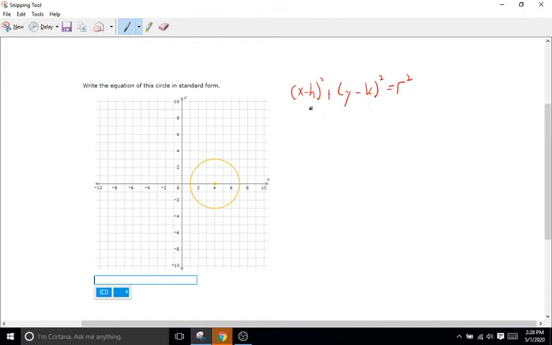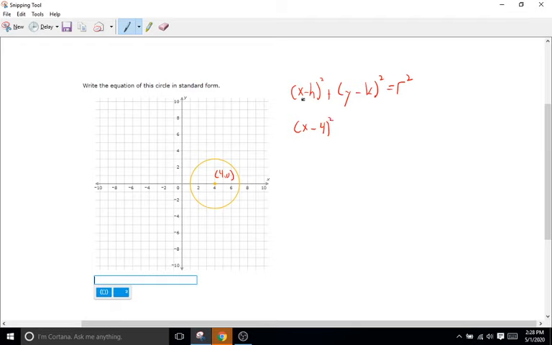So the h is, again, the x coordinate of our center. So we go to our center here, and the center looks like it's at 4, 0. All right. So 4 is our x coordinate of the center. So we go up here, and it's (x minus 4) all squared. We just plug that 4 right into h.